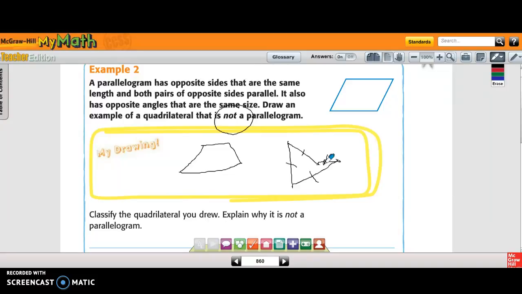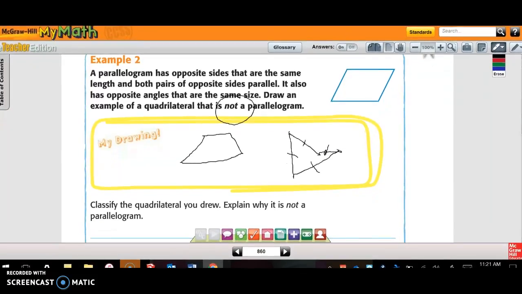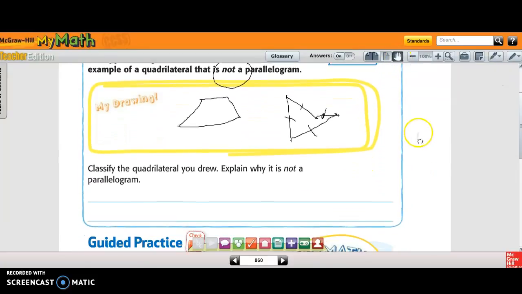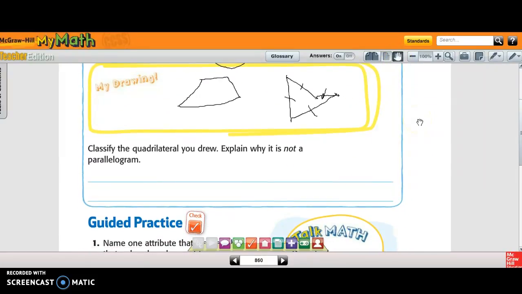Well, to classify it, it has four sides. It has four angles.